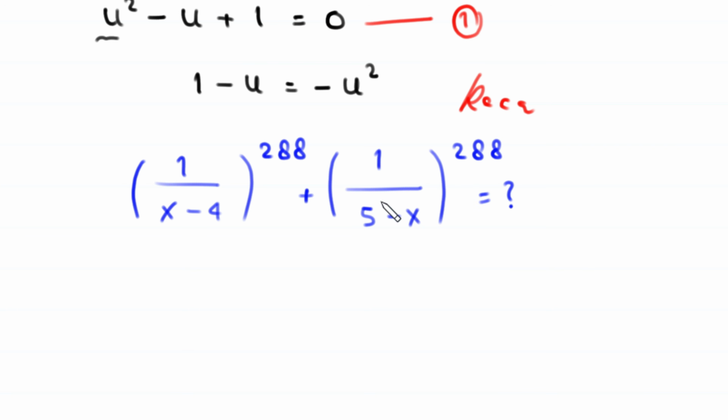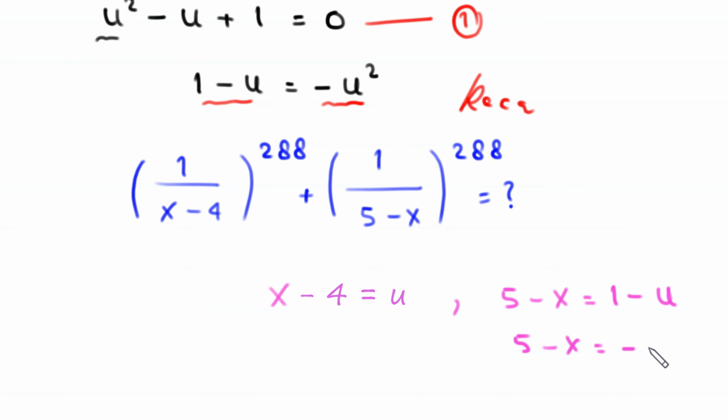We have supposed that x is equal to u plus 4 and 5 minus x equal to 1 minus u, and because 1 minus u equal to negative u squared, it means that this 5 minus x also equal to negative u squared.